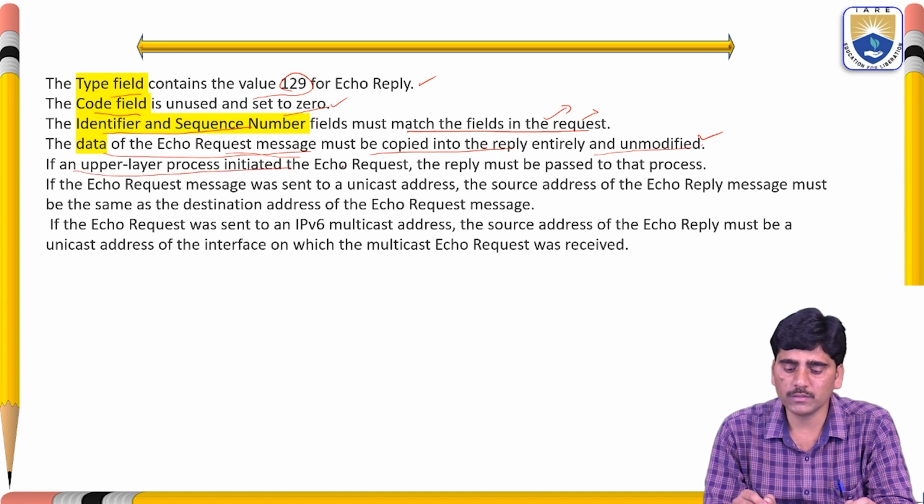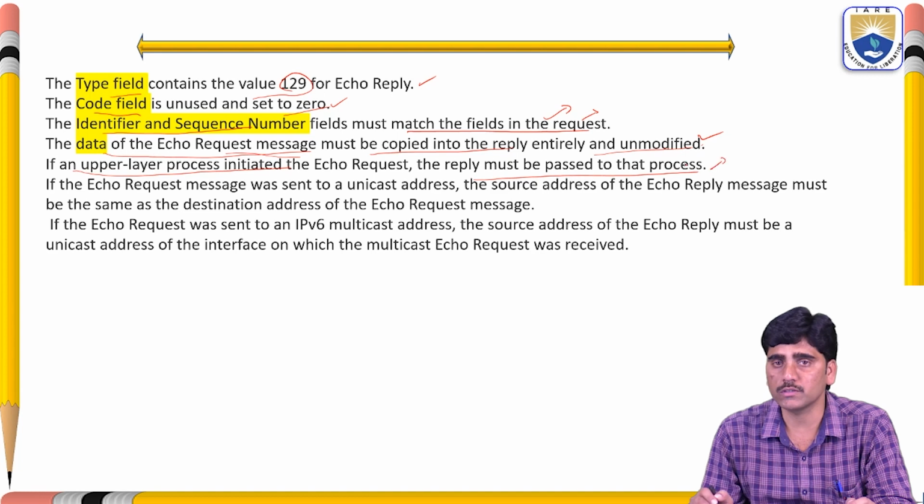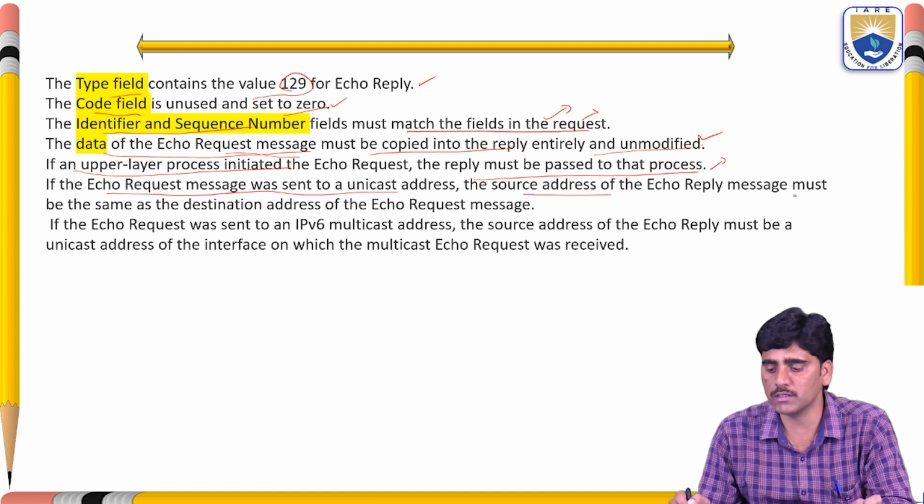If an upper layer process initiated the echo request, the reply must be passed to this process. If the echo request message was sent to a unicast address, the source address of the echo reply message must be the same as the destination address of the echo request message.